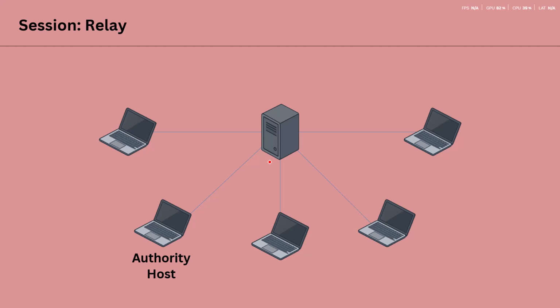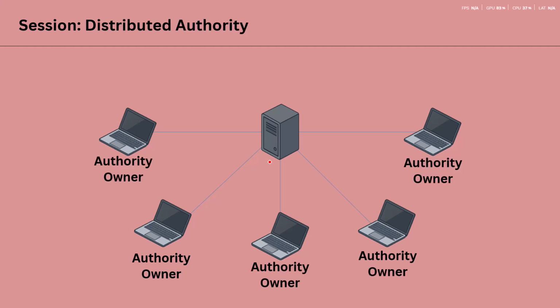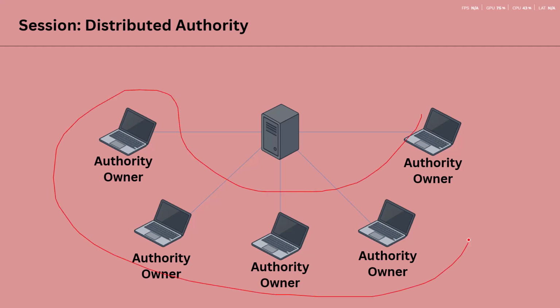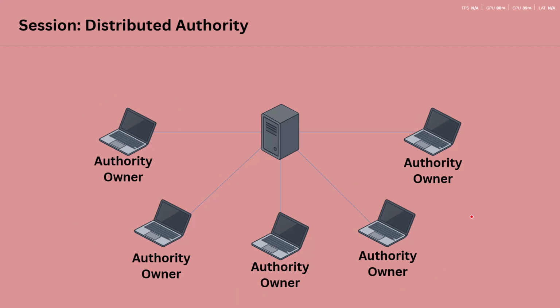So they introduced something even better. It's called distributed authority. So basically, instead of one client being the host, all of them together are going to be the host. So basically, the authority is going to be distributed between all the clients, and if one of them gets disconnected, no problem, the game still continues.